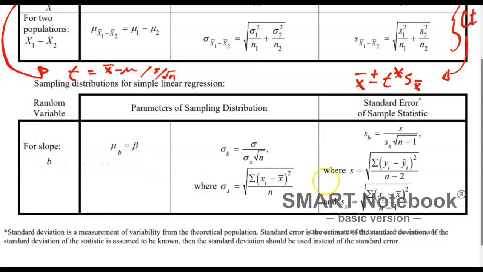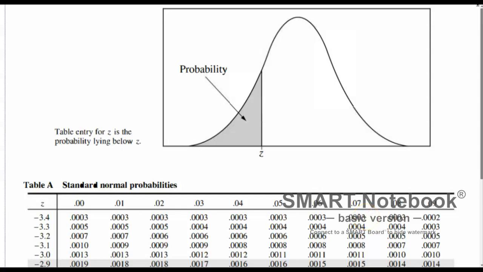There are some formulas here, most of which you will not have to follow, but if you're asked some kind of MCQ question about an interpretation, that's what you would refer to. The only thing worth mentioning is that in this context, the degrees of freedom is uniquely n minus 2. Now let's move on to the tables.